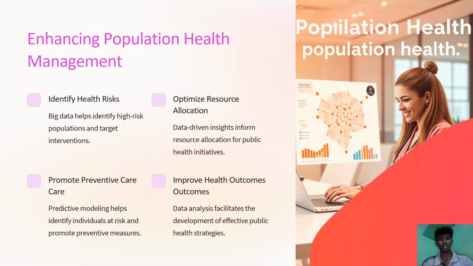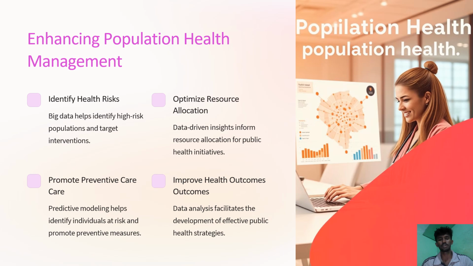The next one is enhanced population health management, and it contains four types of management. The first one is identifying health risks, the next one is optimizing resource allocation, the next one is promoting preventive care, and the next one is improving health outcomes. Big data helps to identify high risk populations and target interventions.